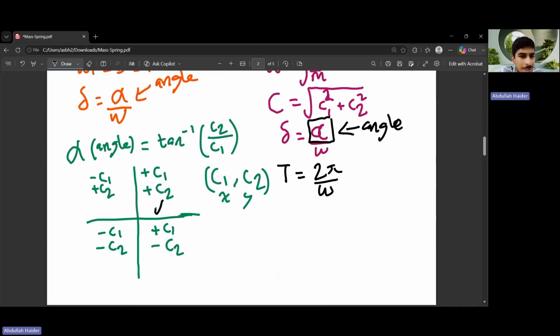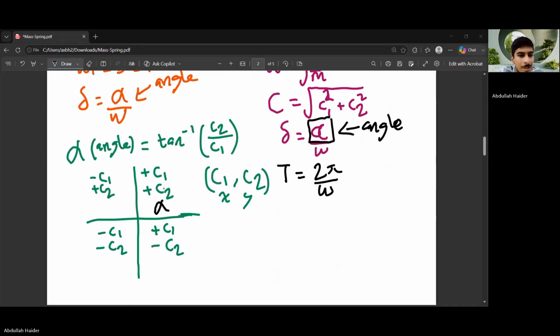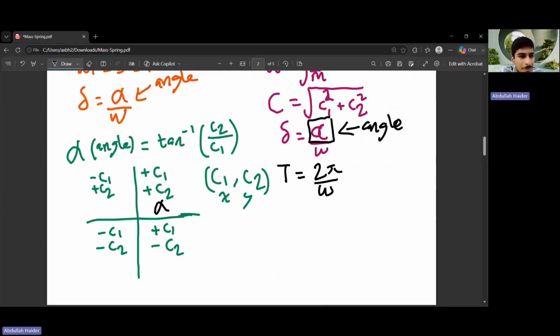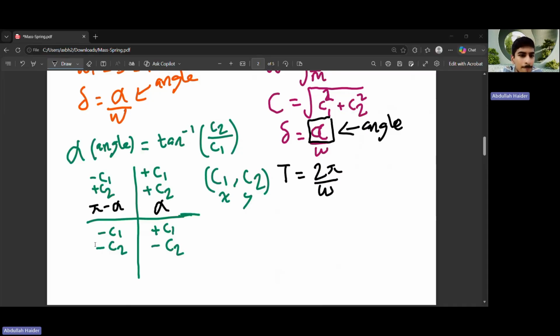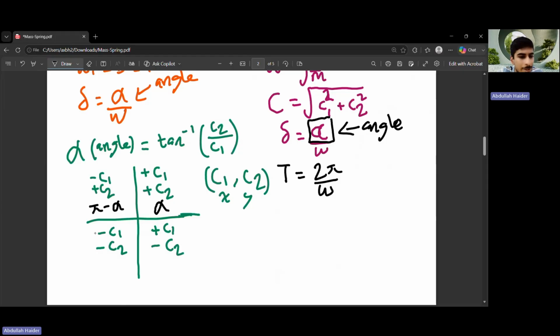The alpha will stay as it is here. And then if you have negative C1 and positive C2, you have to do pi minus alpha. And if your C1 and C2 are negative, you have to do pi plus alpha. And if you have C1 positive and negative C2, you have to do 2 pi minus alpha.